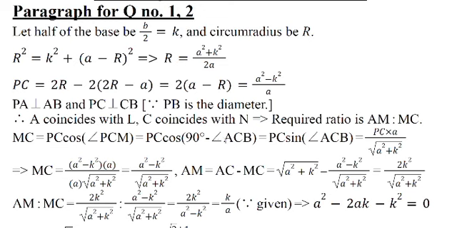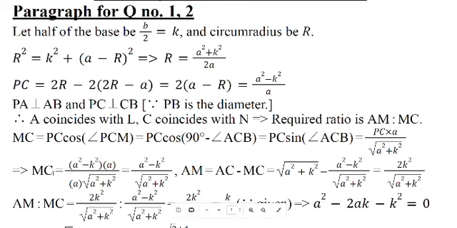So because of that, PC sine of angle ACB gives you the length of the foot of the perpendicular M to the point C. So basically that's what we're doing here.